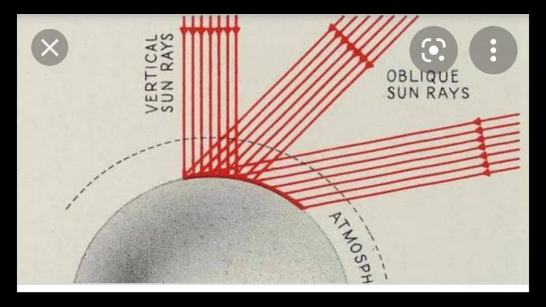So in the case of vertical rays, a small area is more heated, more heat on a small area, but in the case of oblique rays, less heat on a bigger area. Okay, this is the slight difference between the two.